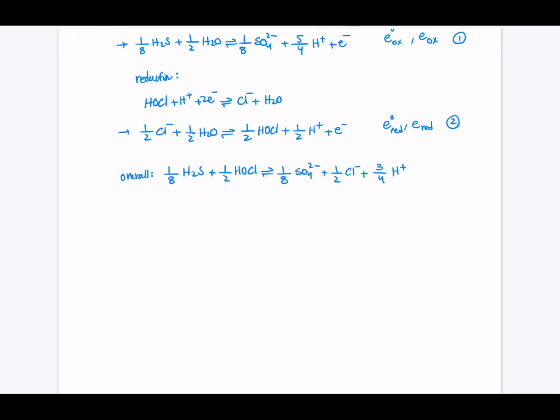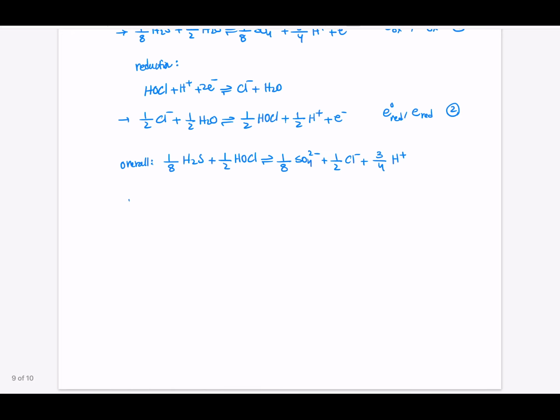Because proton is involved, that's why pH is given. So now we have basically everything to calculate pE of reaction, because once we have pE of reaction, then delta G of reaction would be pretty straightforward.